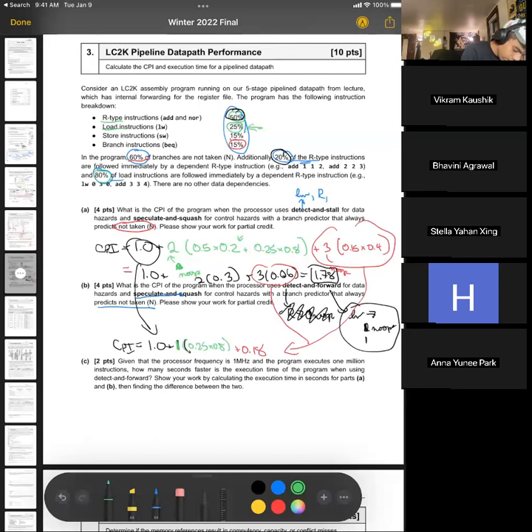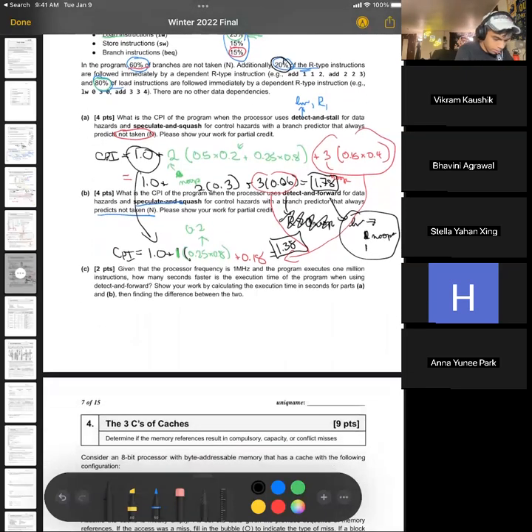So we have that. And so this number will give us 0.2. And so 1 plus 0.2 plus 0.18 gives us 1.38. Awesome. So now moving on to the last part.